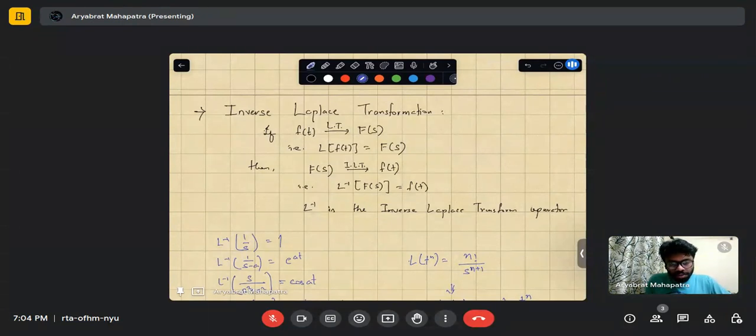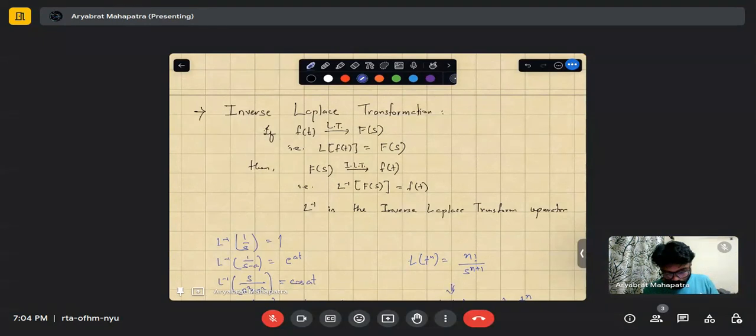If you wish to go back to the domain from where you started your transformation, you can apply the idea of inverse Laplace transformation to go back to your previous variable domain.